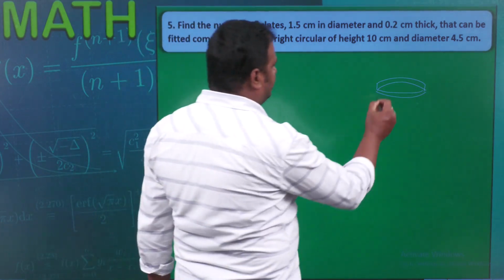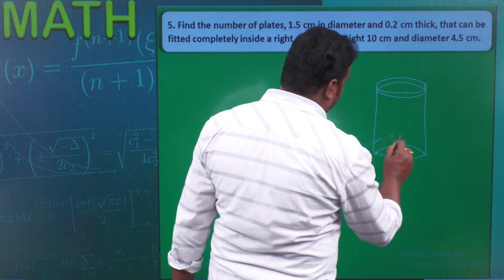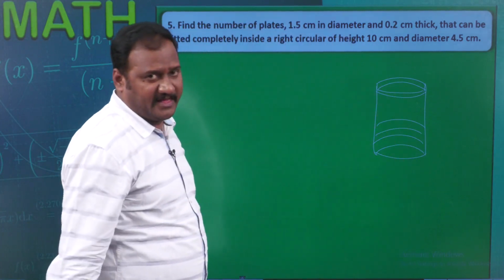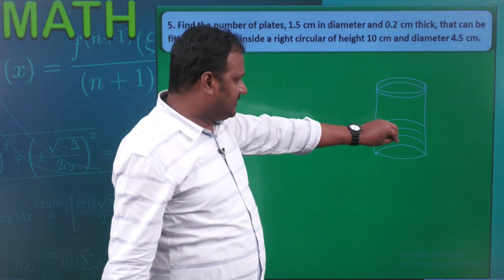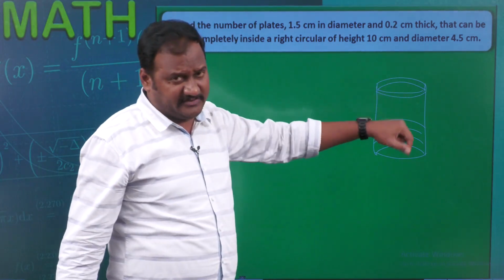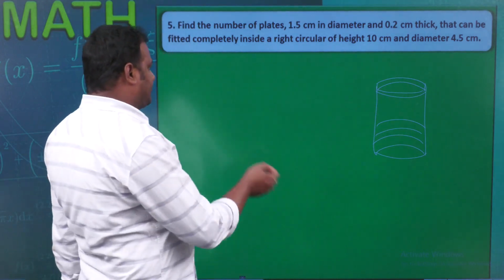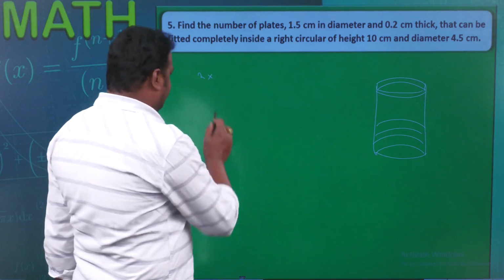So if you keep all these things in one cylinder, how many plates can be placed? It means the volume of the cylinder divided by the volume of the plate will be the number of plates that can be fitted. So otherwise you can say that n is nothing but the number of plates.